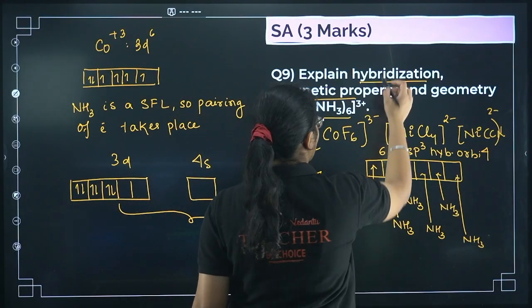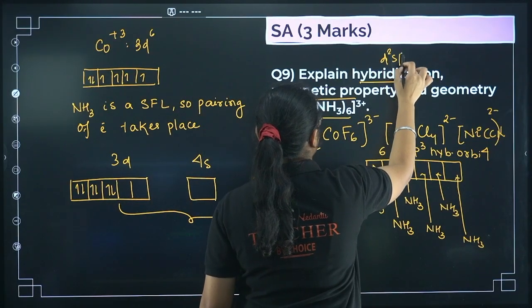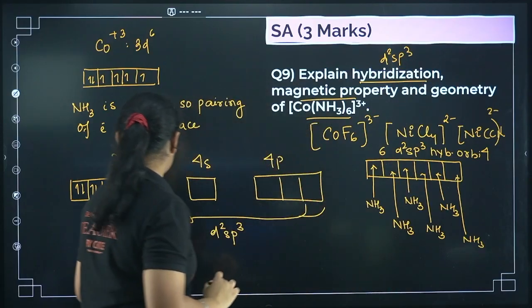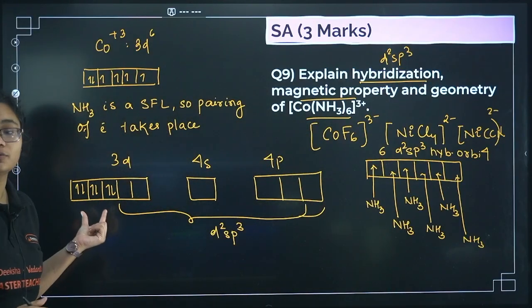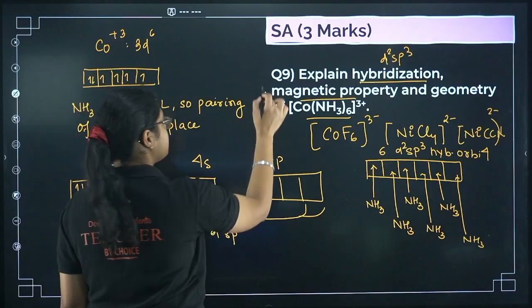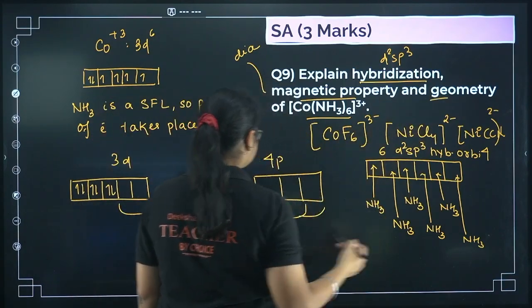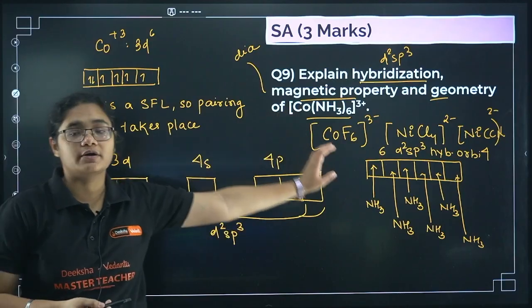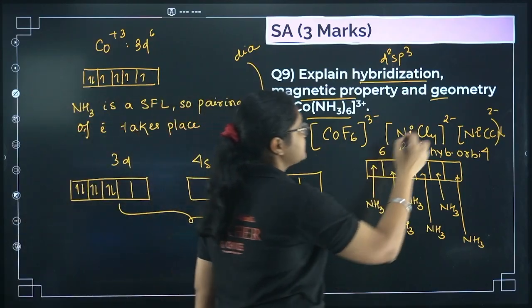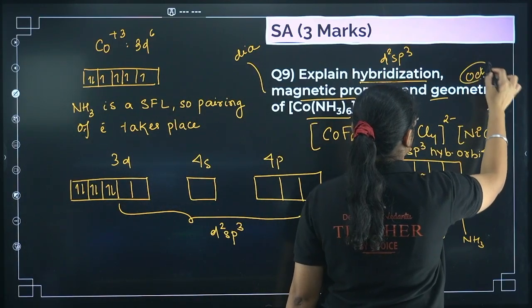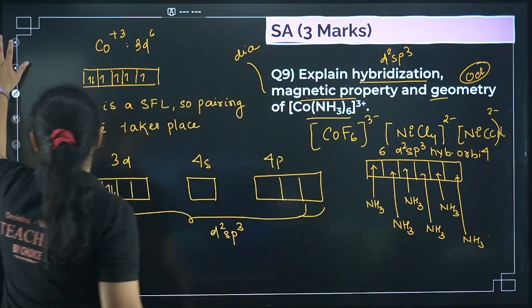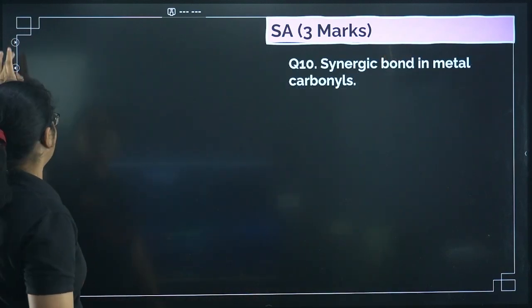So what is the hybridization? Hybridization is d2sp3. Magnetic property, you can see here in the metal there is no unpaired electron. So it is diamagnetic. Next, geometry. Whenever there is 6 coordination number, the geometry is always octahedral.